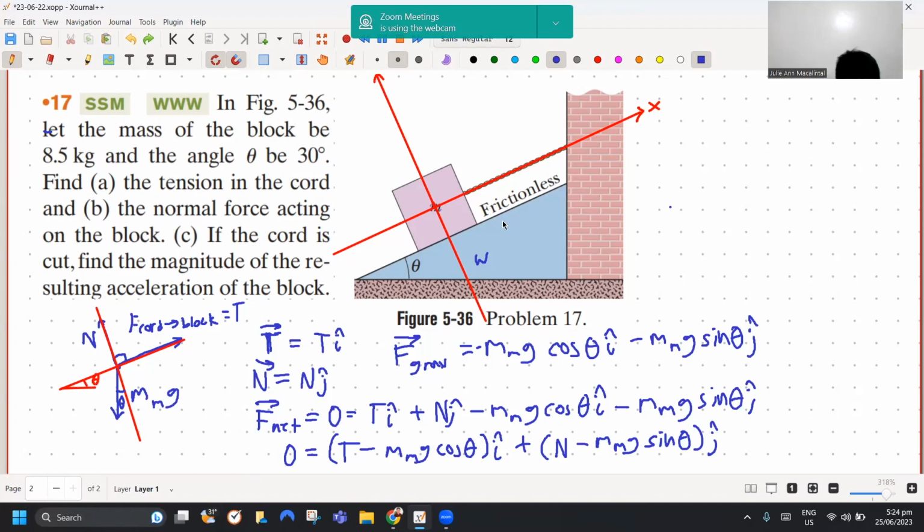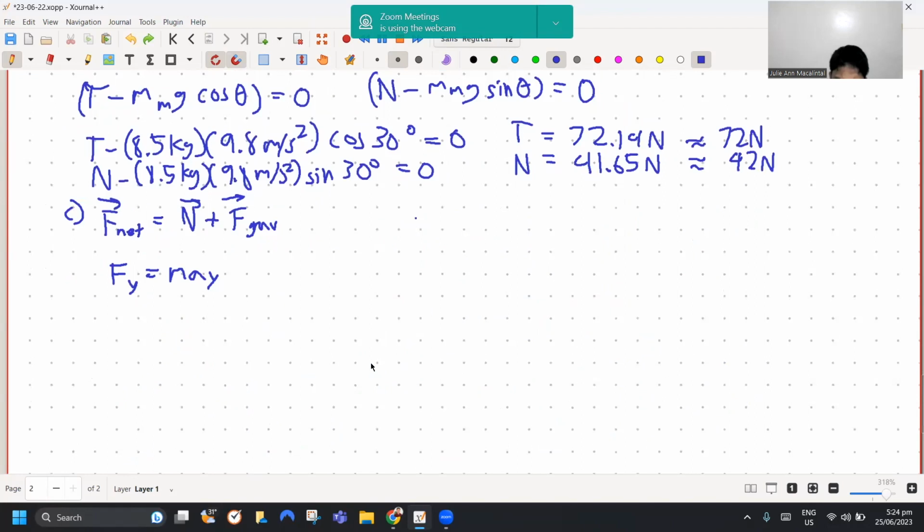So the floor or the inclined surface is preventing the block from moving along y, which means acceleration along y is 0. Okay, that was genius. Oh, okay. So F net is actually F x.